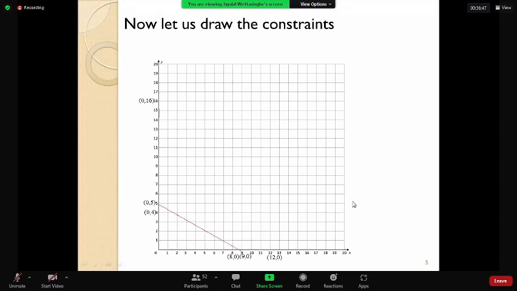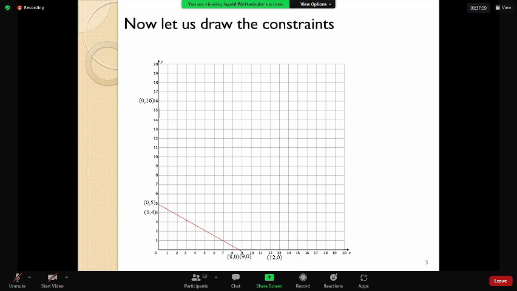Now this is the first one. This line corresponds to constraint 3. Constraint 3 means we had 5x plus 9y less than or equal to 45. You remember the equation.